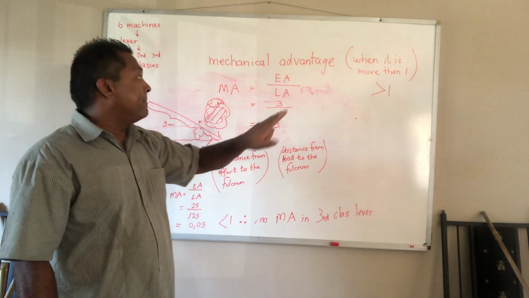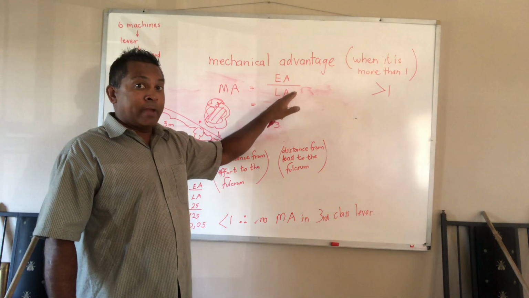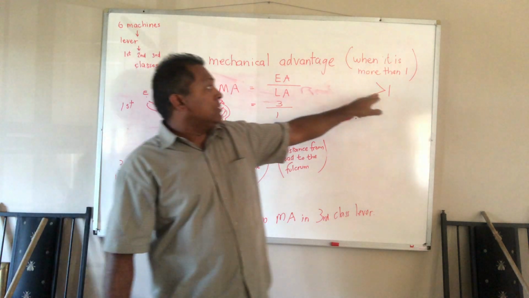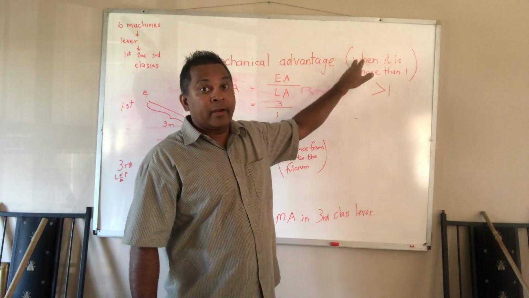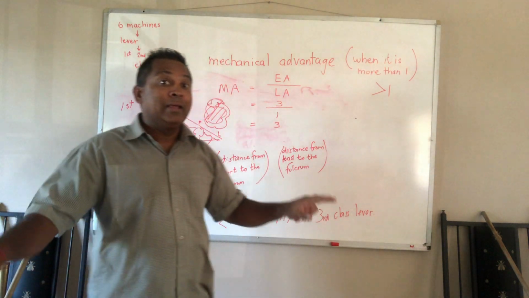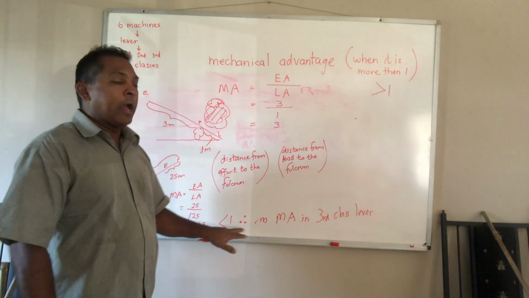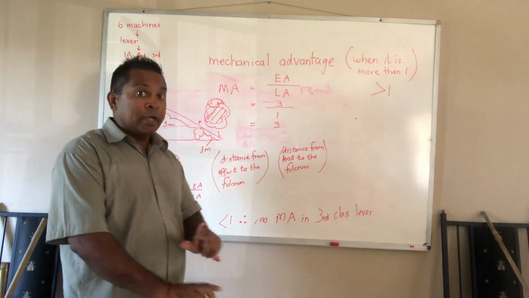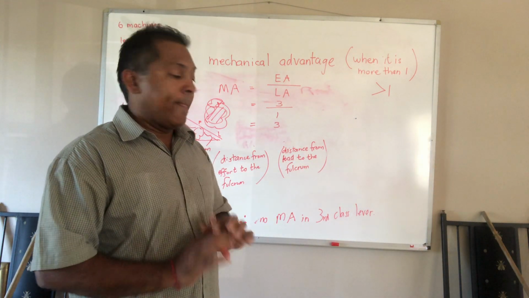What do you do with them? Effort arm divided by load arm. You're going to get an answer, and whatever answer you get, if it is more than 1, you got mechanical advantage. The job is easy. If it is less than 1, oops, you go into struggle. Though you get the job done, you will struggle.